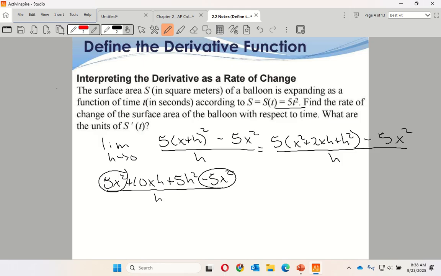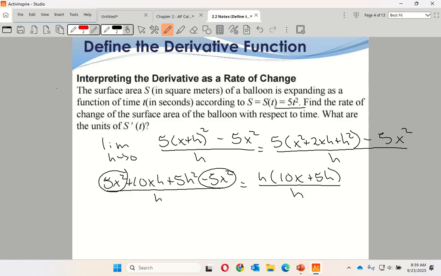And I'm still left with an h, right? Everything has an h, so I'm going to factor that out. I'm going to have h quantity 10x plus 5h, over h.